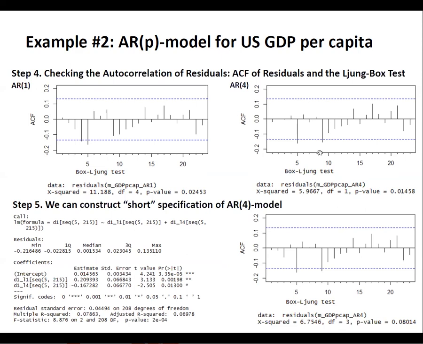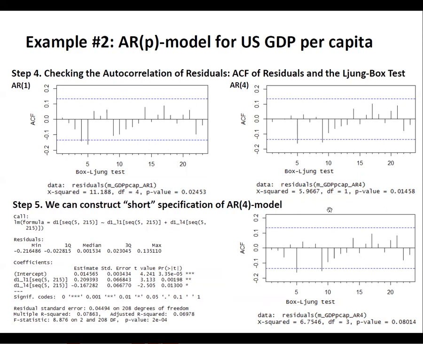And with the help of the Ljung-Box test, taking into account these additional degrees of freedom, we get a fairly low p-value, 0.2, and here 0.1. That is, we still have autocorrelation in the residuals. In other words, neither the AR1 model nor the AR4 model allows us to get rid of the autocorrelation of residuals.